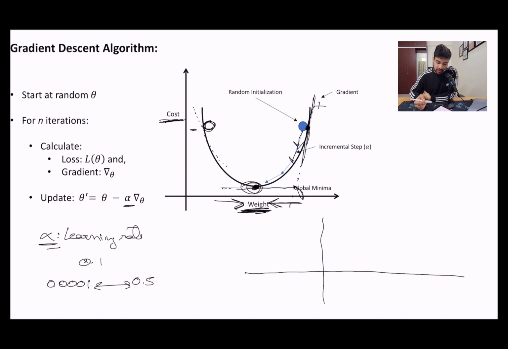What the equation comes out to be is W new is W old minus the gradient times your learning rate, right? Now this assumes that whenever you place the gradient in this equation, you place it with sign. If it is positive, you place it positive. If it is negative, you place it as negative. Now we also see that when it is a positive gradient, you have to reduce the weight value, and if it is a negative gradient, you have to increase the weight value.